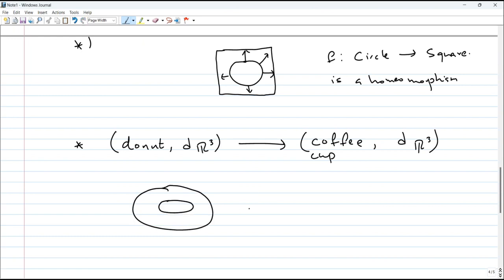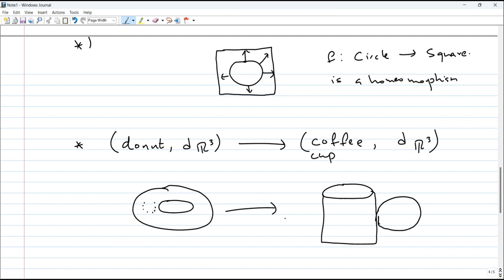You start with a donut, and you keep this hole, and then you look at this part and just make it bigger, and then punch and make it coffee cup shaped. So what you do is you get something like this. And the actual hole in the middle just becomes this hole here. And this is a homeomorphism.